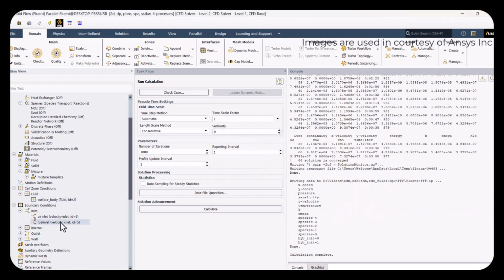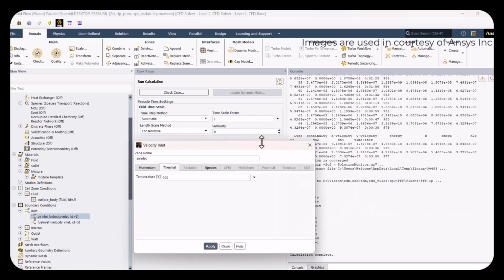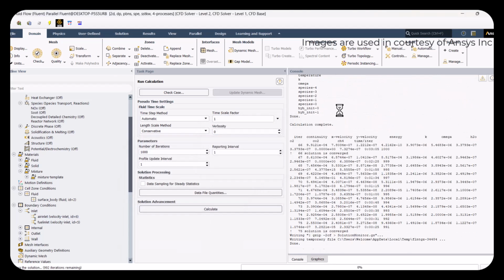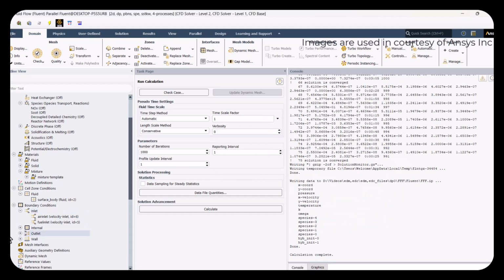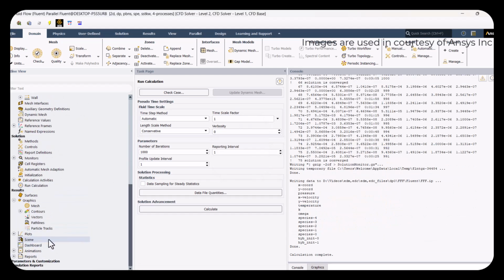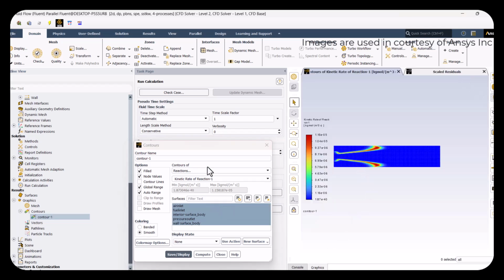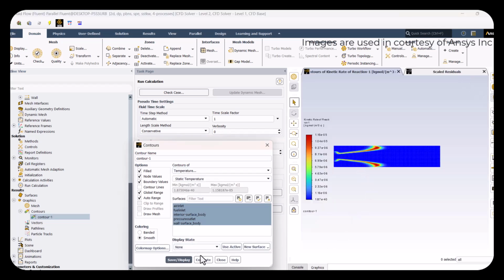Let me verify whether it changed or not. Sorry, it's not changed, so I'll make it 800. You would see a change in the reaction rates. So now you can see there is an increase in reaction rate, and you will see also a change in temperature.